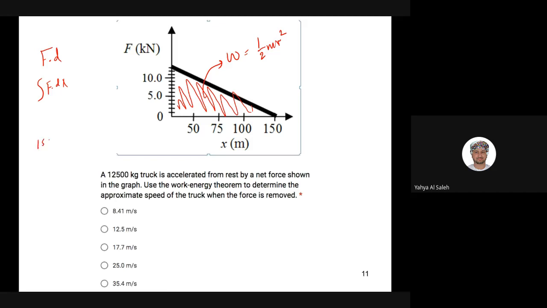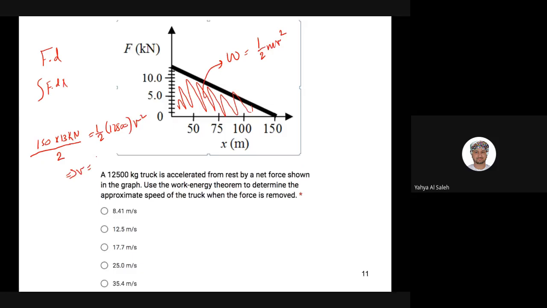So 150 times 13 kilonewtons divided by 2 equals half times 12,500 v squared, which gives me a v of 12.48 meters per second, which is approximately 12.5 meters per second to 3 significant figures.